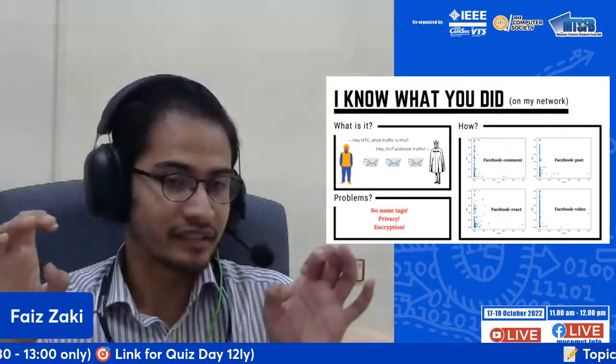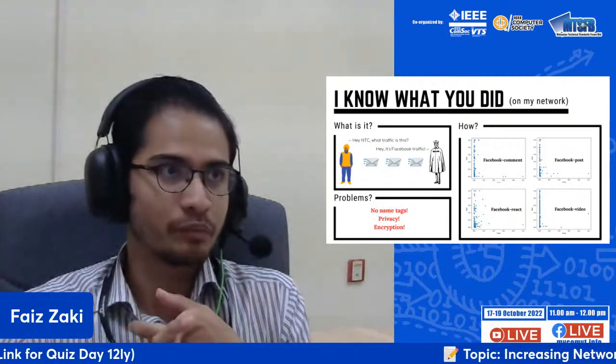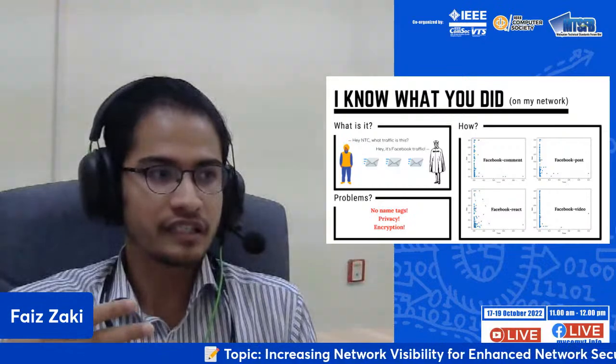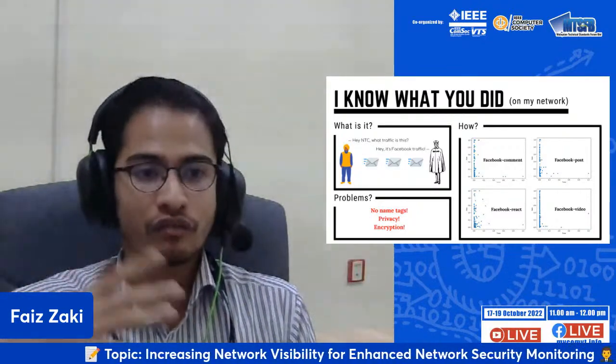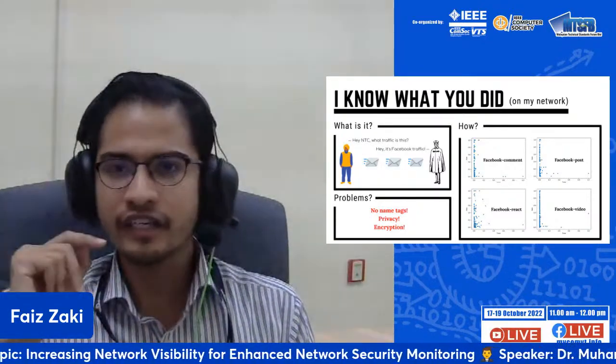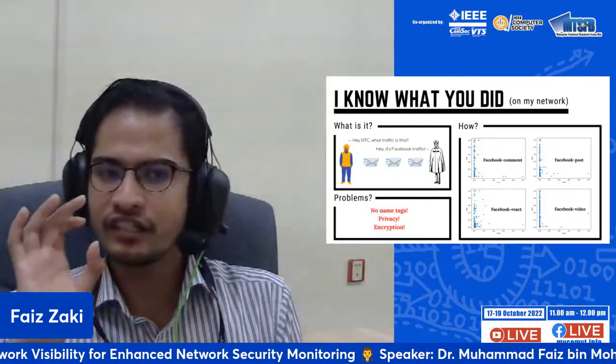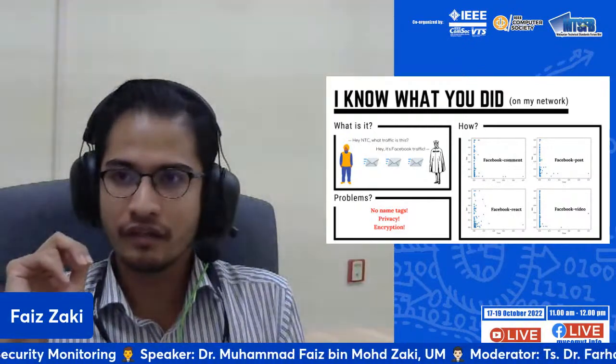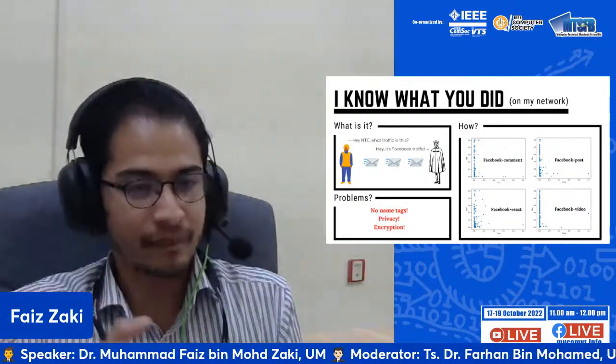Another example would be the size of the packet. Maybe video traffic is larger than non-video traffic. So they figured out, if we can use these characteristics to classify traffic, then we're good to go. We don't tamper with the payload. We don't know what you're doing, but we can know at a certain level, based on the characteristics. So that's what they did.